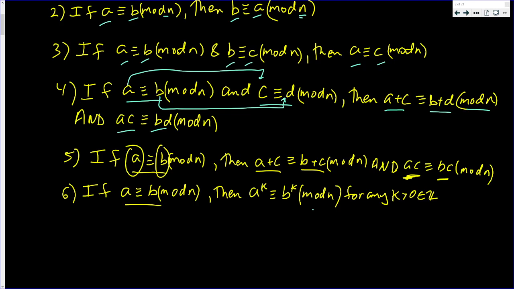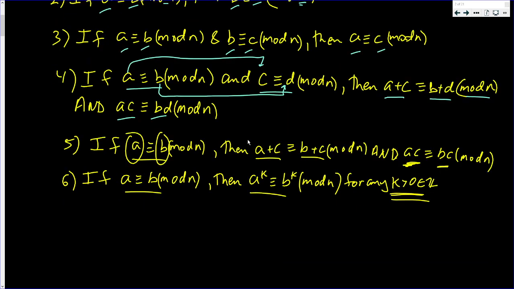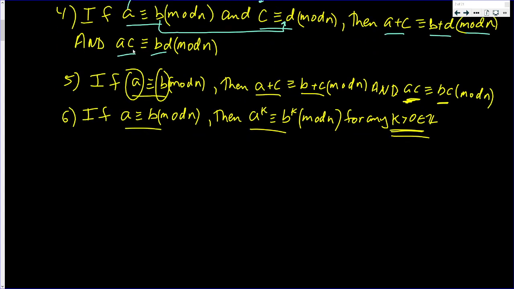If a is congruent to b mod n, then a to any positive integer power is congruent to b to that integer power. And that's going to be quite useful to find out if two numbers are congruent to one another, or to check for divisibility. Okay. So let's get right into the proof.